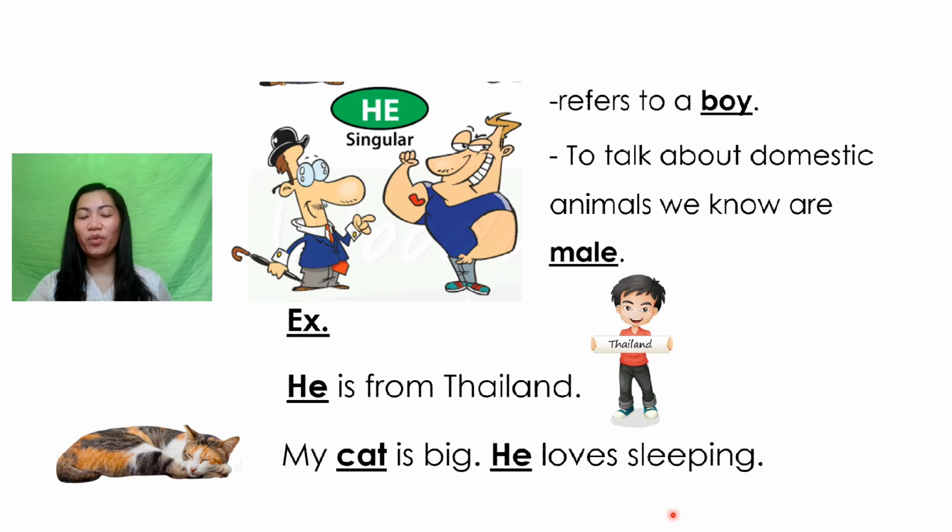For example, my cat is big. He loves sleeping. The pronoun he here refers to our subject, cat. We know already that your cat is a male. That's why we use the pronoun he.